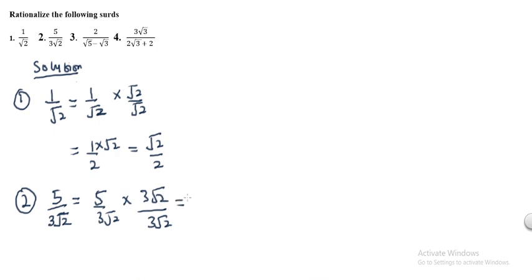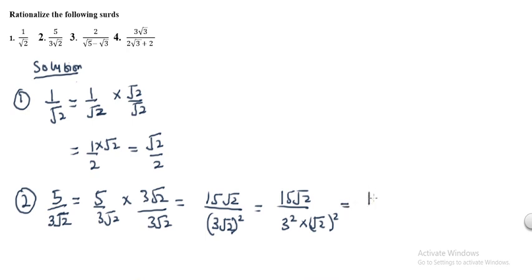If I multiply this and this, I have 15 root 2 divided by, if I multiply this by this, I have 3 root 2 squared. So this is equal to 15 root 2 divided by 3 squared times root 2 squared. 3 squared is 9, and root 2 squared is 2, so this is 9 times 2.